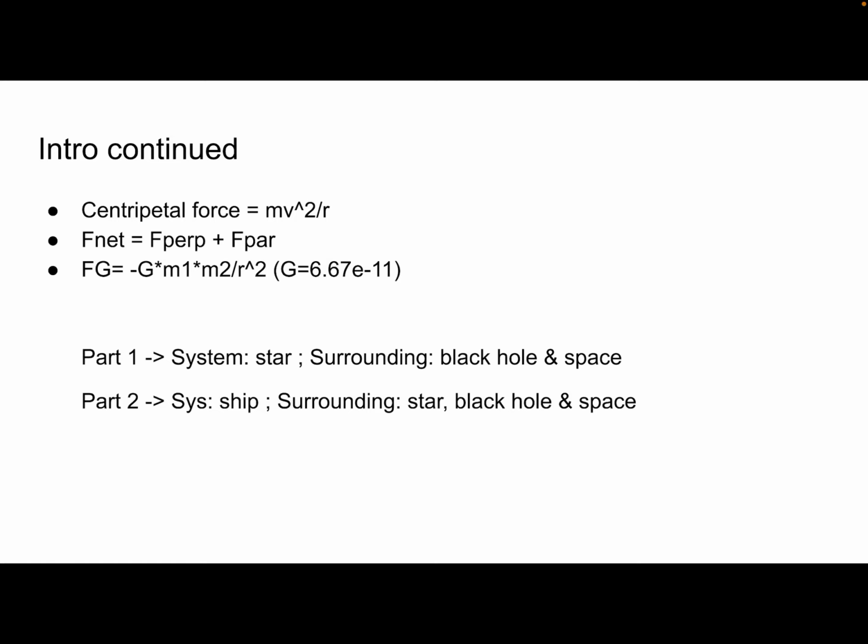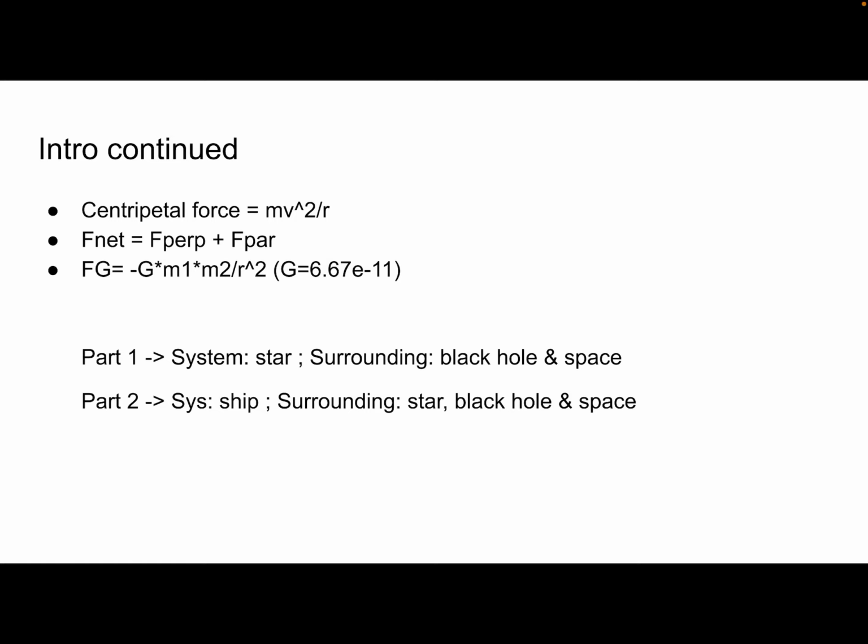And finally, we need to know F of g, or the force of gravity, which is equal to the negative of the gravitational constant times the mass of the first object times the mass of the second object divided by the distance between them raised to the power of 2. And for this, G will be 6.67 times 10 raised to the power of negative 11.